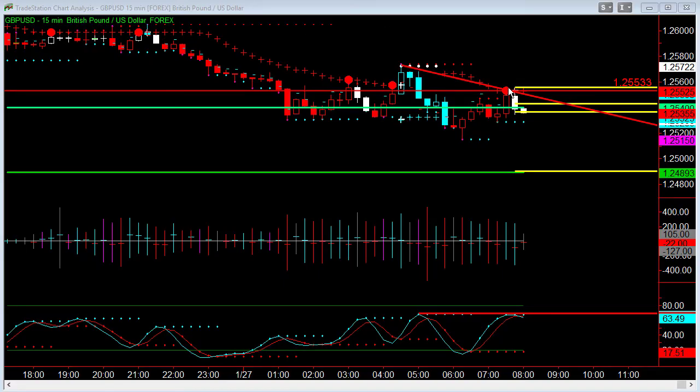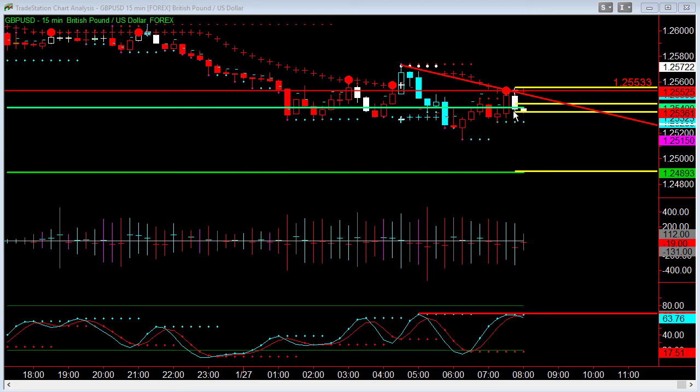Now over here you can see that we're making lower highs, and on the stochastics we made just about an equal high. Again, this is a type of divergence. And on this bar, and I know this is a high because the volume bar is blue, the delta, which is the difference between buyers and sellers, is below zero.